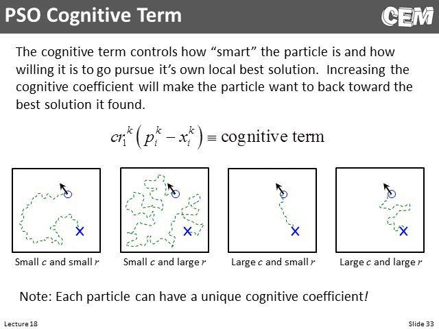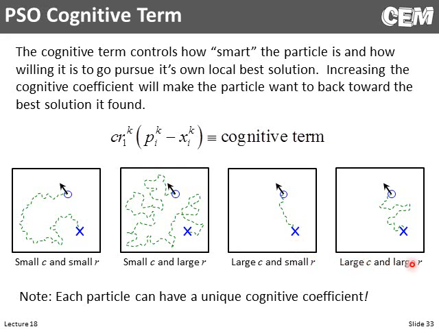So like before, we're searching out more of the solution space. However, it also takes a lot longer to get to that best solution. If we have a large C and small r, then it tends to go straight to the local best. So in this case it's acting a little bit more like a gradient descent or maybe a simulated annealing.